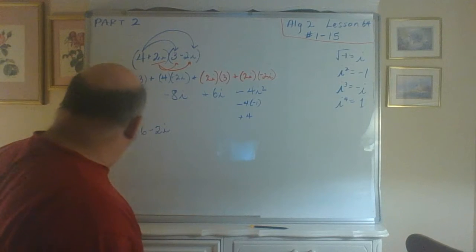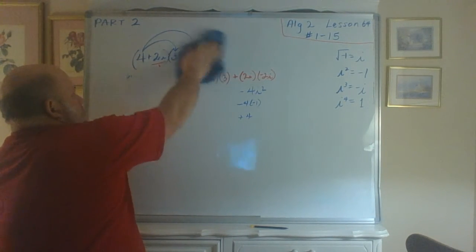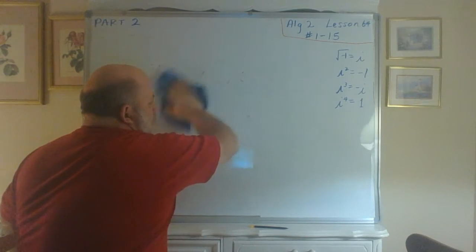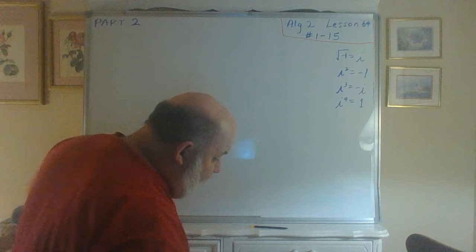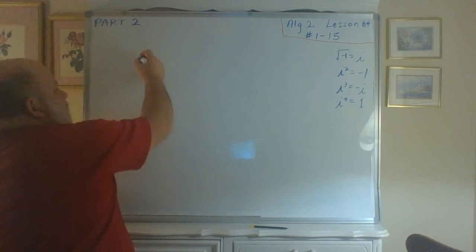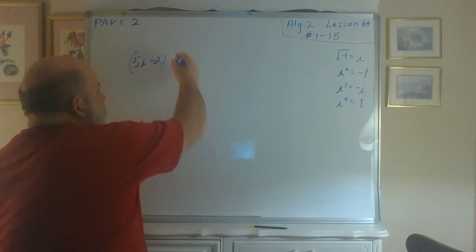One more problem using the distributive property. (5i minus 2) times (4 plus 3i). I'm not going to use colors this time.